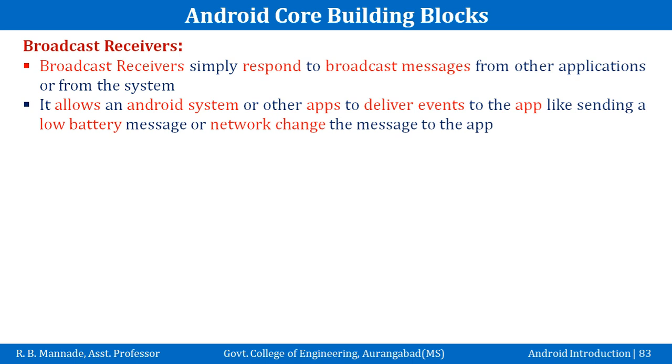Such types of messages are sent to the broadcast receivers. These messages are sometimes called events or intents. In previous lectures we have seen what intents are. So, in the case of broadcast receivers, these broadcasted messages are sometimes called intents as well as events.